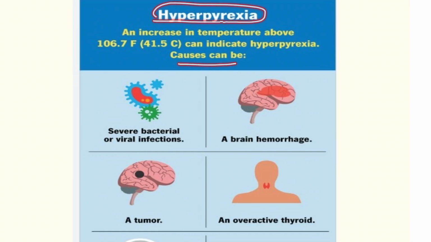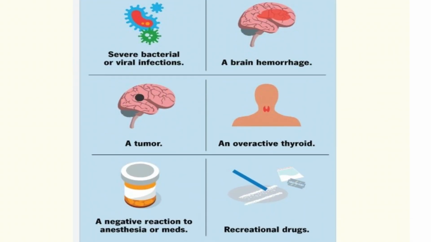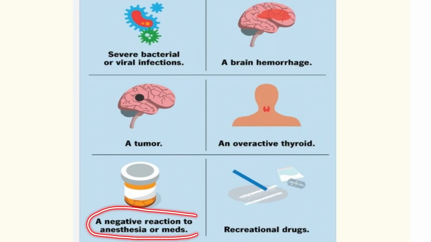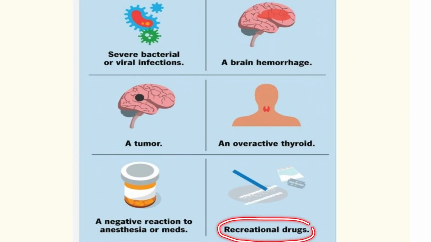There are a few causes of hyperpyrexia we should know. These include severe bacterial or viral infection, a brain hemorrhage, a tumor in the brain, an overactive thyroid, a negative reaction to anesthetic medications, or sometimes recreational drug abuse like cocaine.